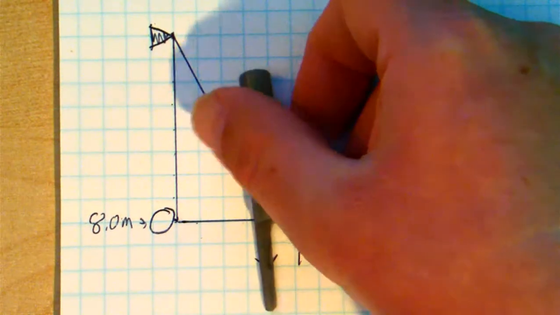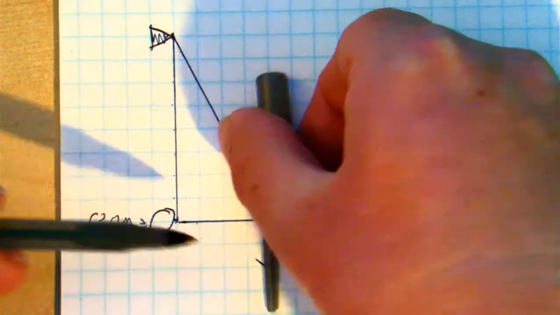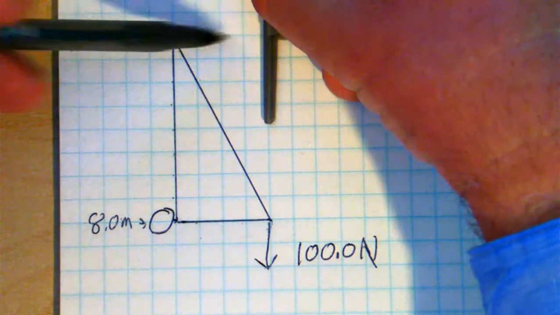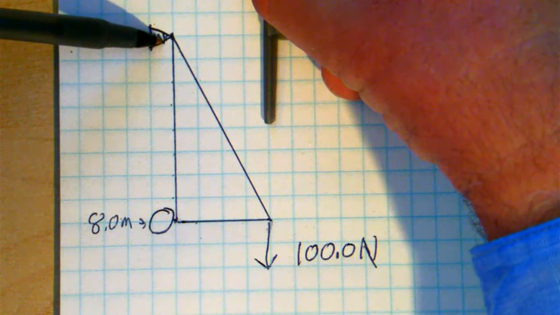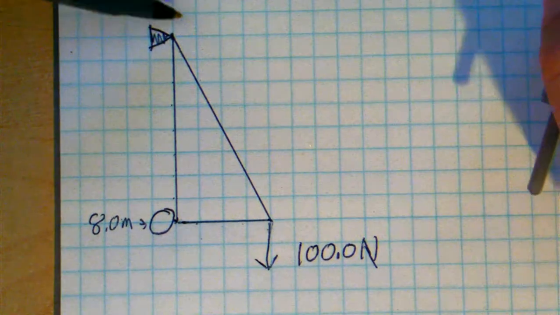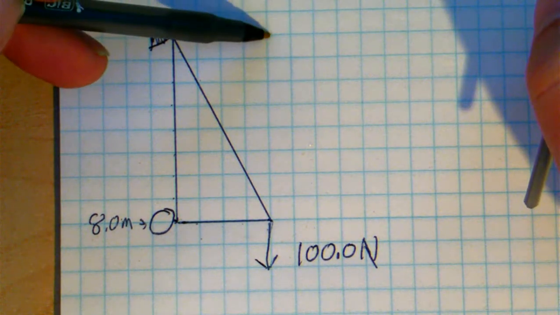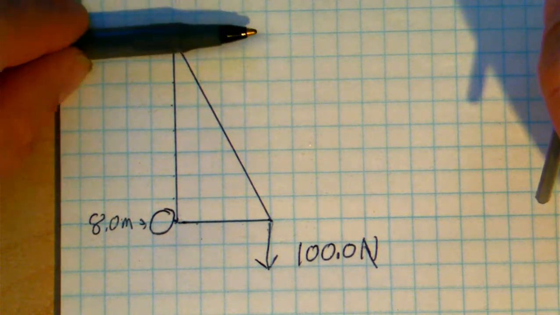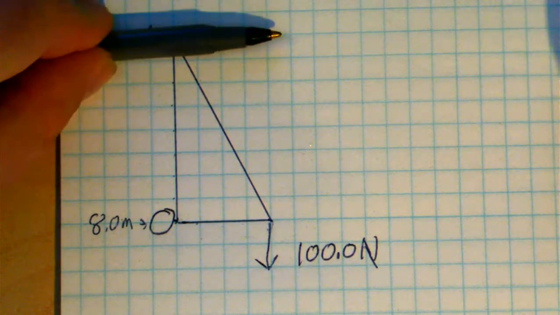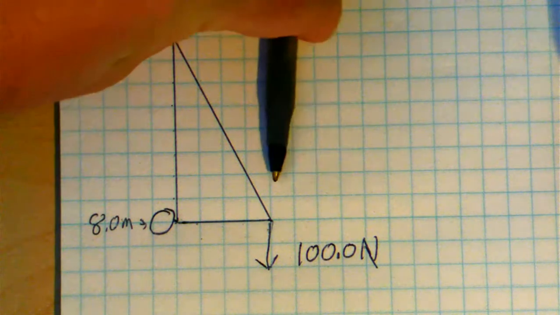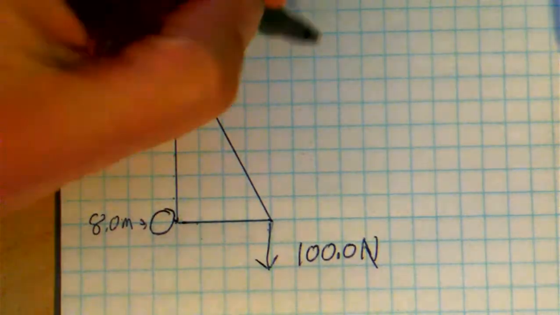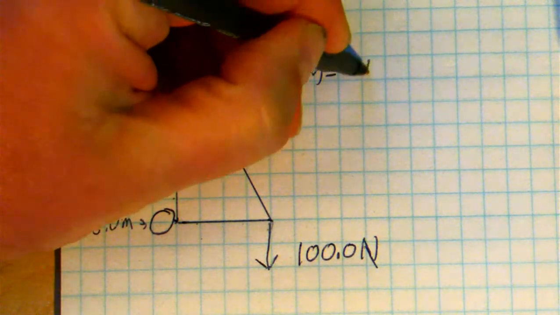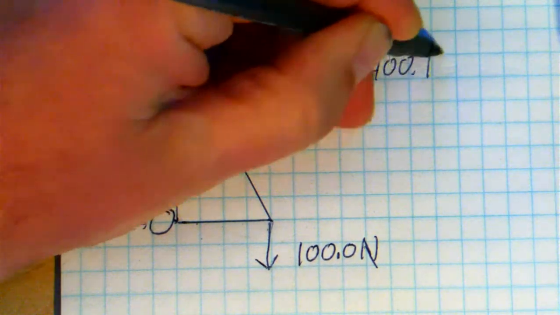So if this pen cap tip represents the force, I can back it up along its line until it becomes perpendicular to the axis of rotation, and then count over. So 1, 2, 3, 4 meters is the value of R. 100 newtons is the value of the force, and the angle from R to F is negative 90 degrees. So right away, I can tell you the moment is negative 400 Newton meters.